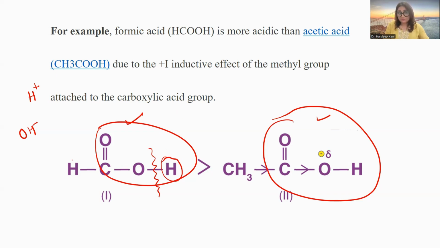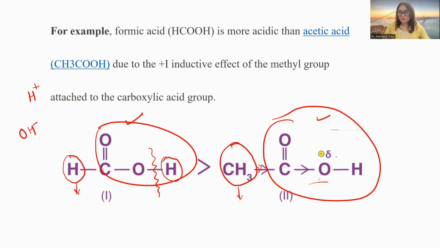Now, tell me about this group. This H is an electron donating group and this is also an electron donating group. This will give more electrons, and this oxygen will get stabilized.